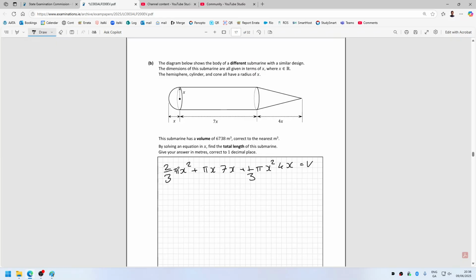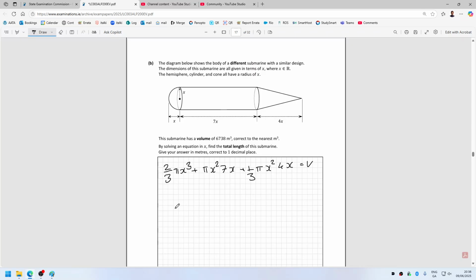2/3 plus pi x squared 7x. Okay. Pi r cubed, oh, come on, Stephen. 4/3 pi r cubed divided by 2. Pi r squared h, 1/3.